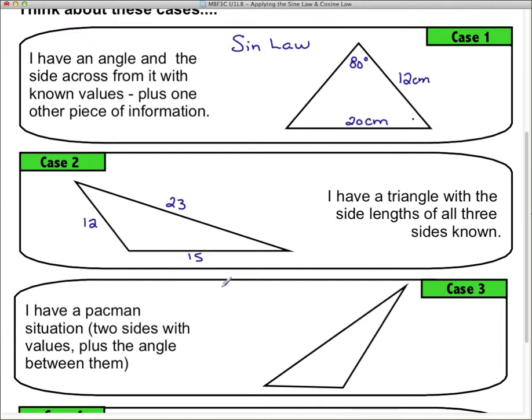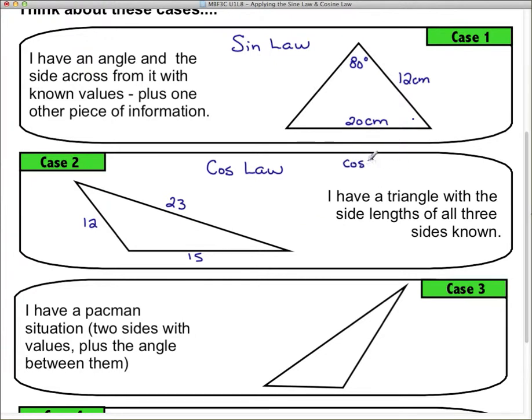Now do you remember which one this was? Yep, I think I hear somebody said it. This is cosine law. And this is more specifically the cosine law that finds angles, because I've got all the sides, so I don't need an angle. I'm just going to write that down here really quickly.